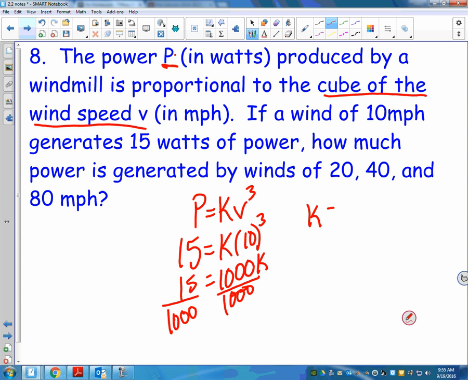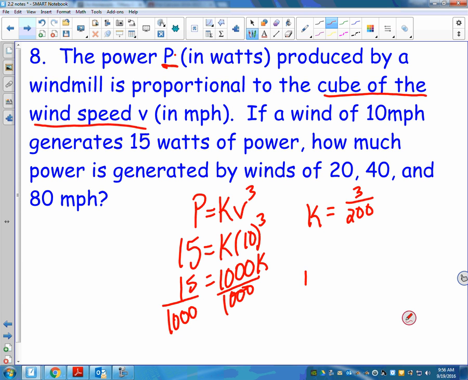So I get that k equals 3 over 200, is that true? Or in decimal, or leave it as 15 over 1,000. They probably would fit, but it just asks us how much power is generated by these numbers. So if you can find your model and you can find k, all you do now is plug the numbers in.